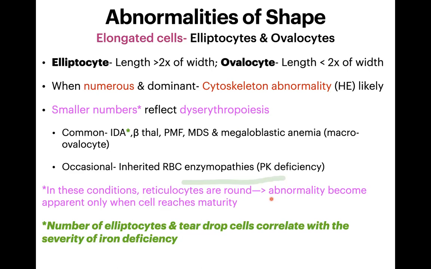So when you are seeing a microcytic hypochromic picture with elliptocytes, try to grade them as few, moderate, or many, because they reflect the severity of the deficiency. The more severe the deficiency, the more elongated cells there will be.